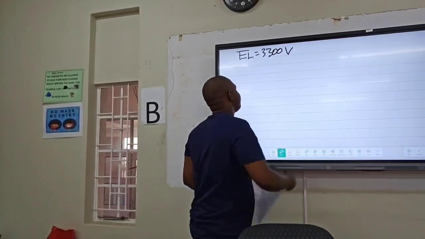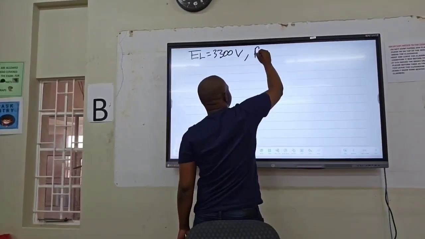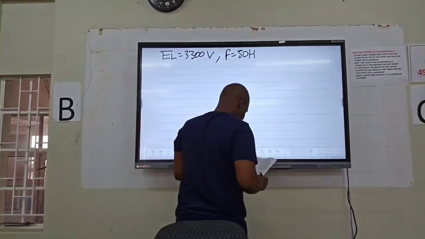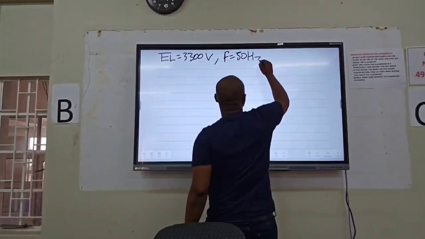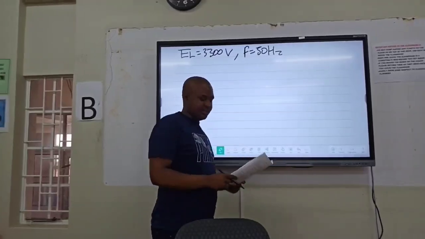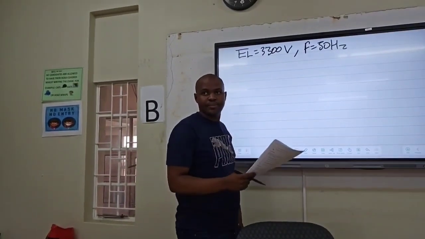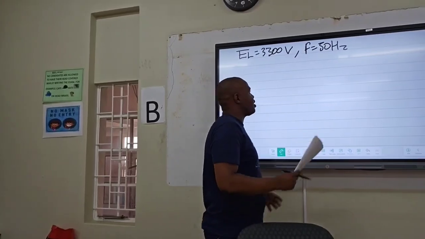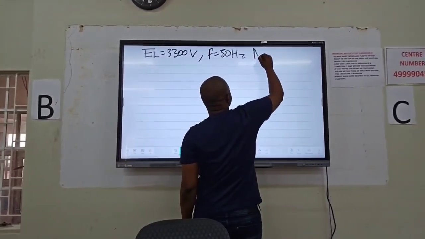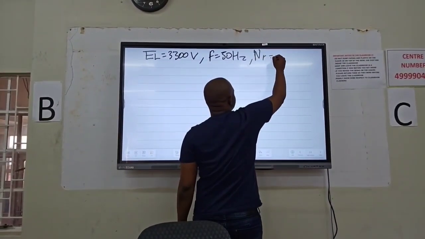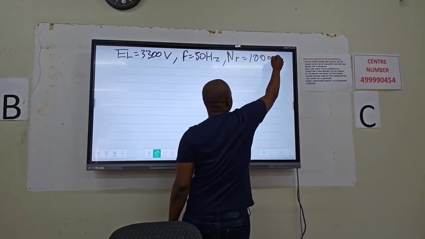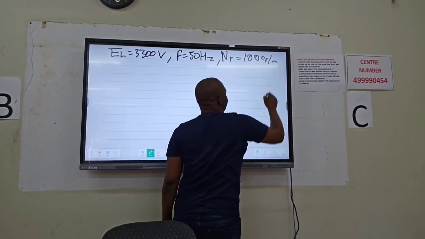Then they give us the frequency, 50 Hertz as usual. Then they give us the rotor speed, which is 1000 revolutions per minute.